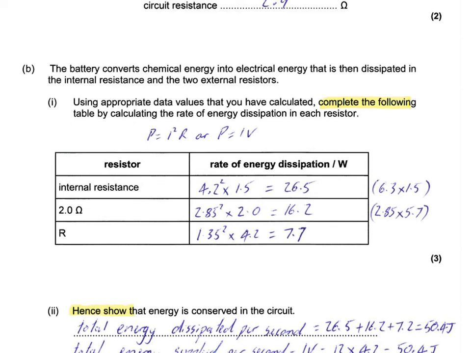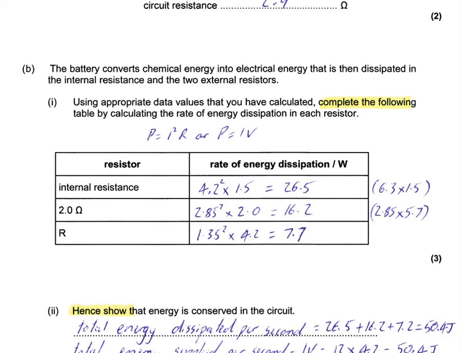Using power equals IV, we know the PD across the internal resistor, and what have I got going on there? I've got the wrong values. I've written down the wrong values is what's going on there.